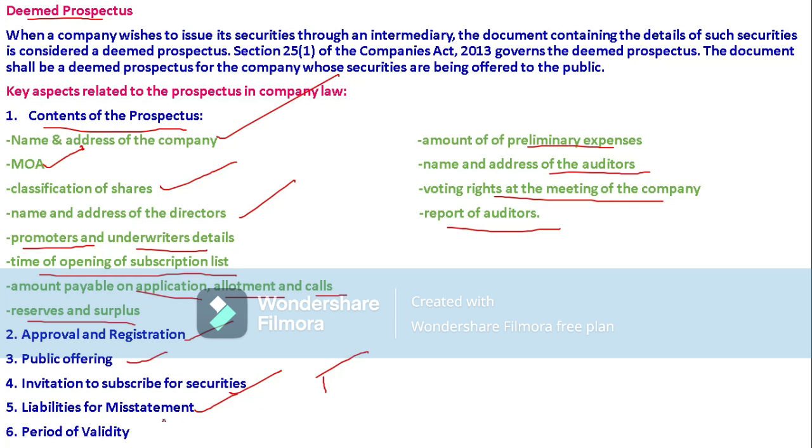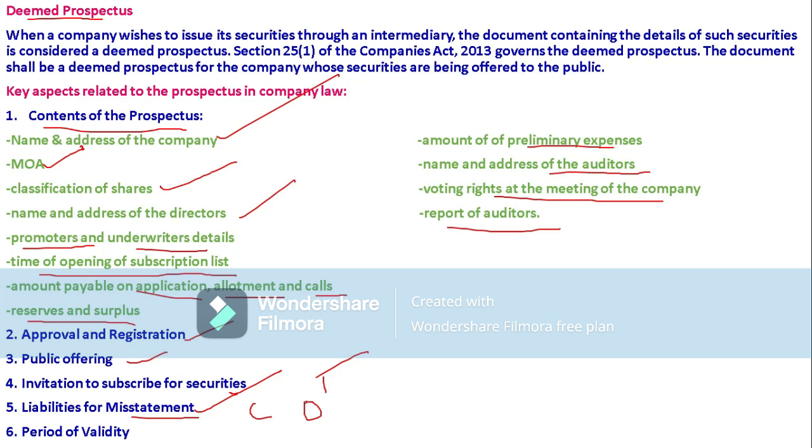In case of misstatement, the company and its officers, both are legally liable. Investors have a right to rely on the information disclosed in the prospectus.